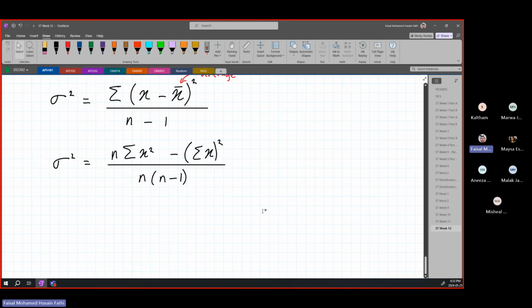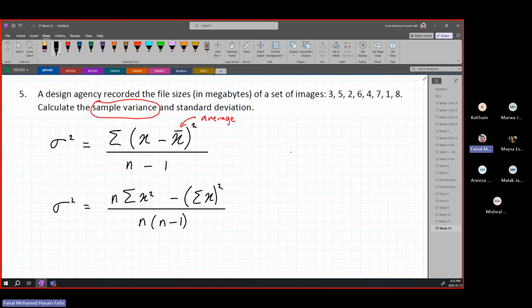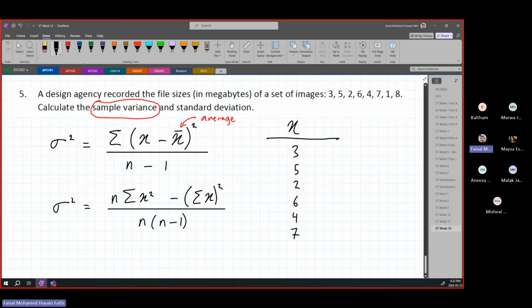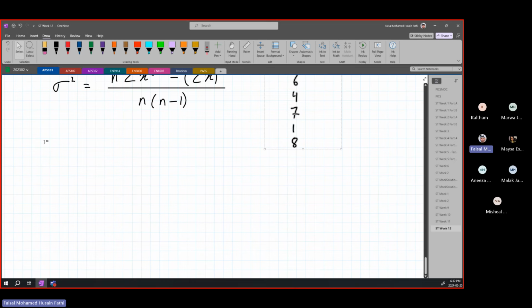All right. So if we want to apply this equation, first let's look at our data set. So we have 3, 5. Actually, let me write it vertically from now. Let's make it as a table. So our x value is 3, 5, 2, 6, 4, 7, 1, 8. All right. So this is my X value. Again, like I said, the solving is going to be exactly the same.